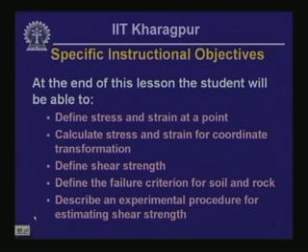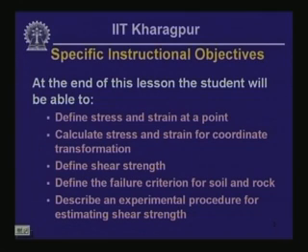today's subject matter. So, what we want to learn in this lesson, we want to be able to define stress or strain at a point, then we would be able to calculate stress and strain for coordinate transformation. We are going to define shear strength of soil and rock.